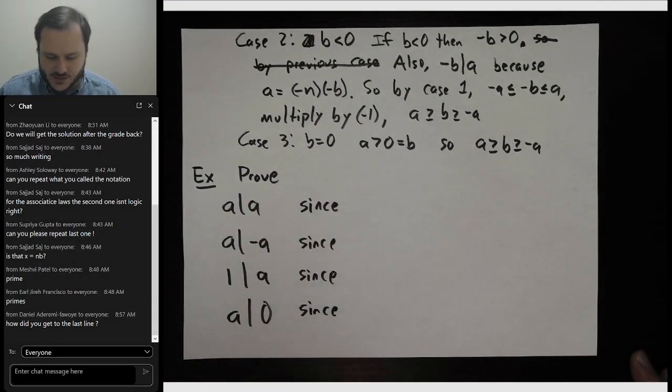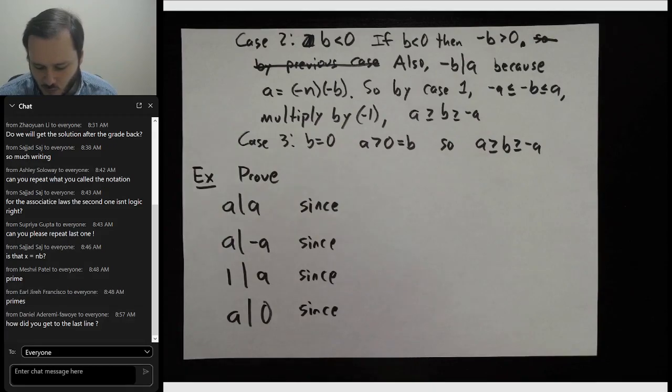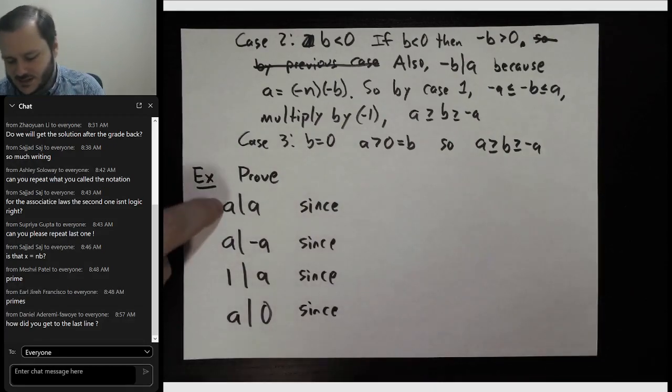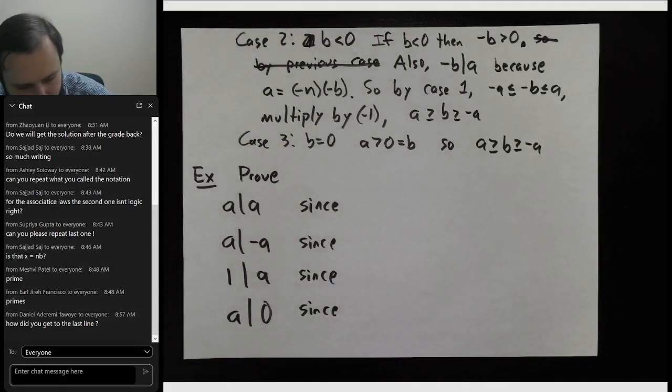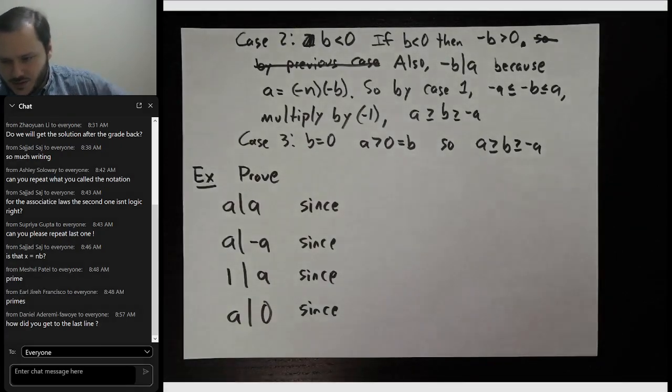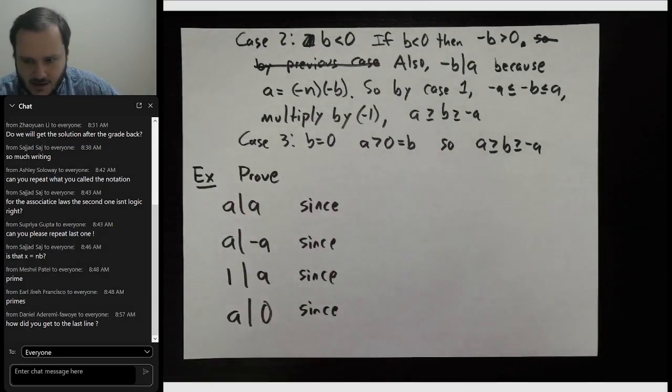For each one of these, you should be able to use the definition of what it means for this to divide this to prove these 4 statements. So let's start with this first one. Why does a divide a?